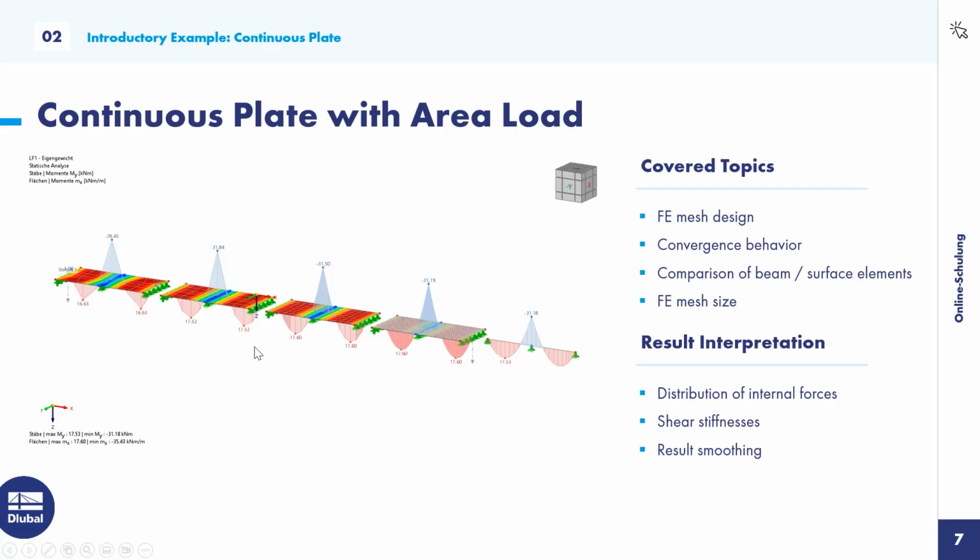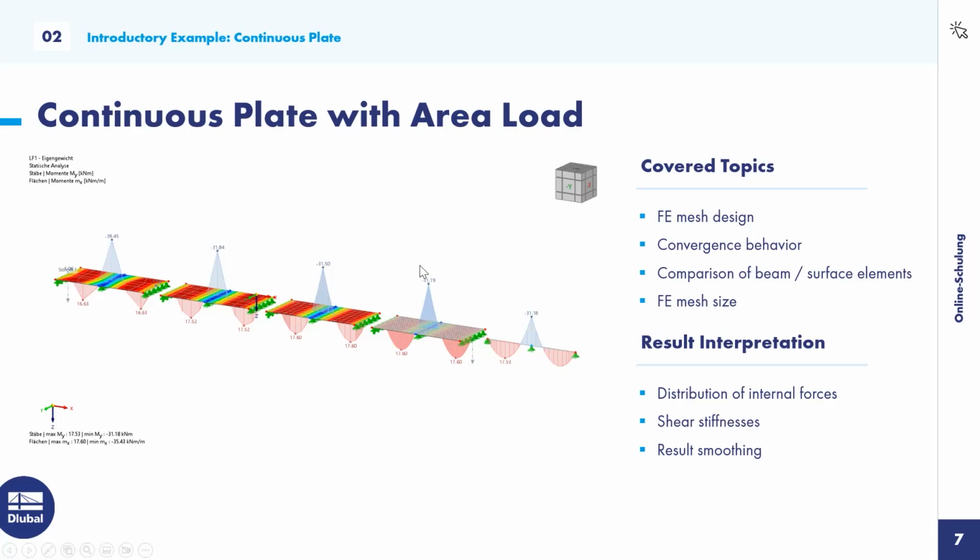Then we're going to investigate the size of these finite elements and the impact of their size on the results. For a good comparison, we will also compare directly to a beam element, which you would also be able to calculate with, for example, the Schneider-Bautabellen.